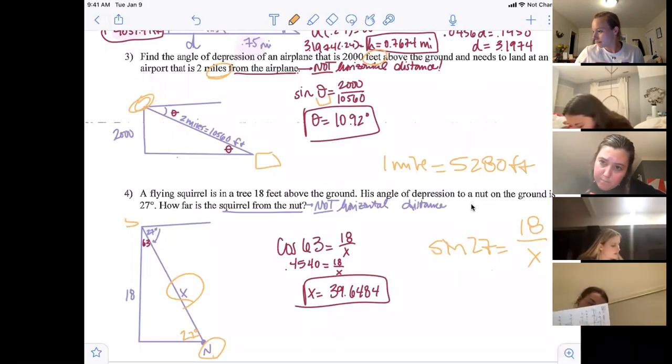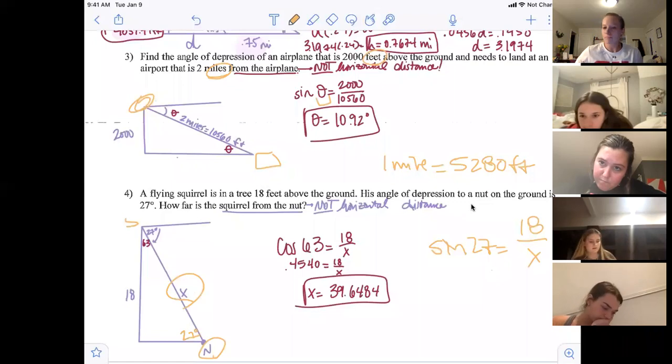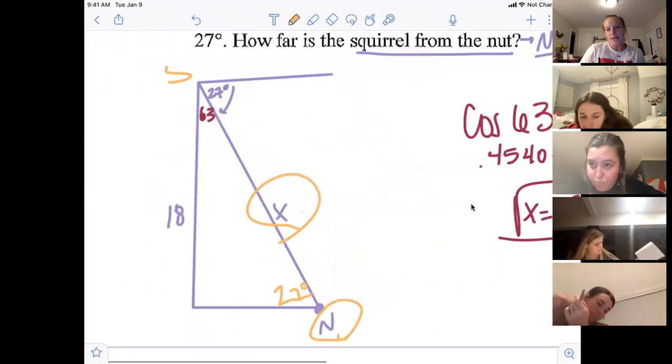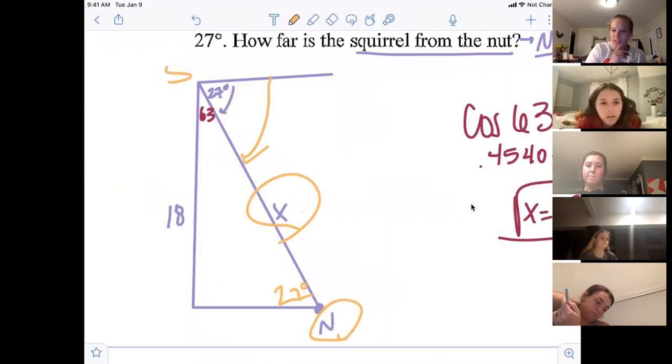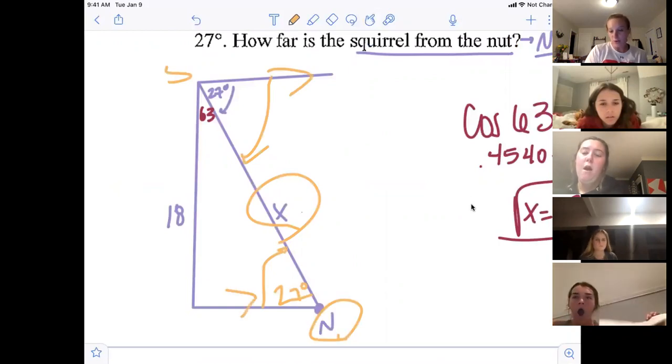What's the difference between the angle of depression and the angle of elevation? They're technically the same thing. They go in the same spot. It's just on how you look at it. So the angle of depression is like when you look down, and the angle of elevation is when you're looking up. But because your line of sight is parallel to like the ground, those angles get to be the same.